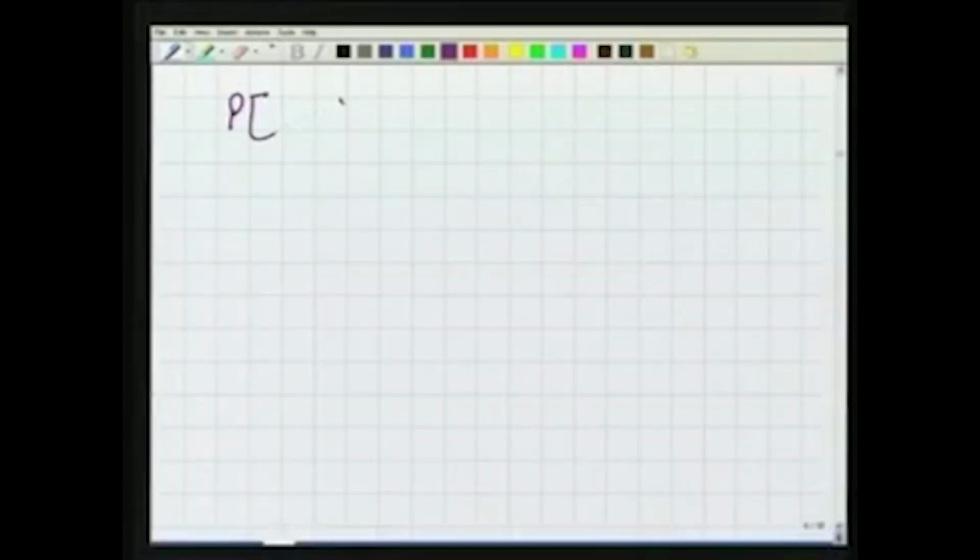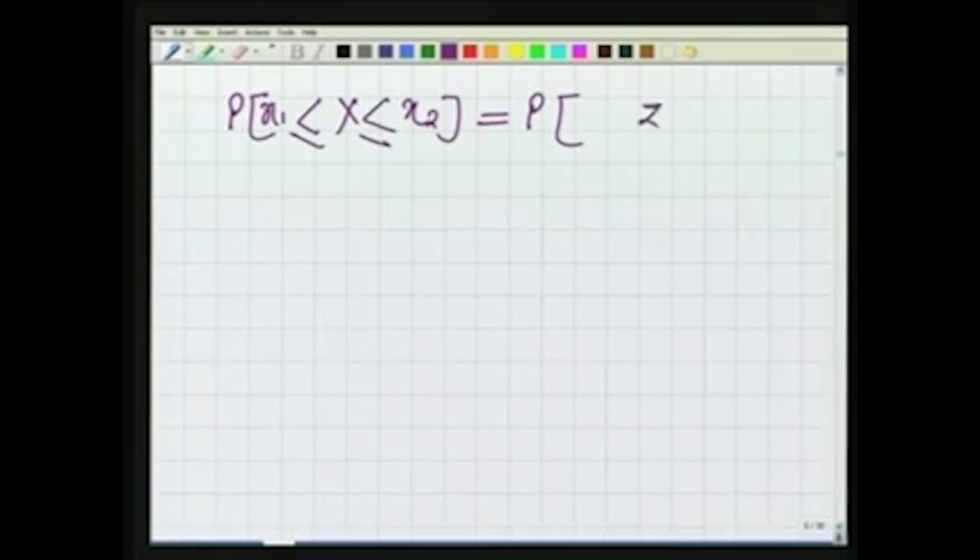Why did we do it? What is the use of this? To see the use of this, the probability that capital X is between x1 and x2 is actually the same as the probability that my standard normal variable occurs between z1 and z2. Now, what are these z1 and z2?